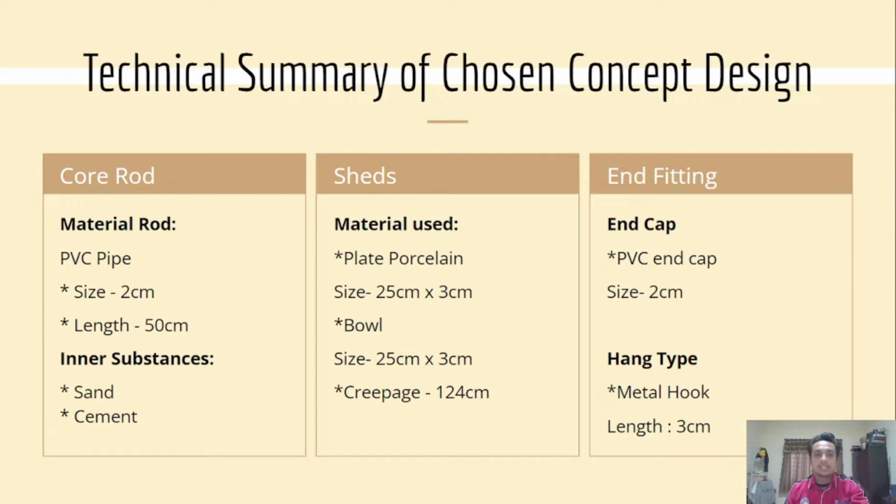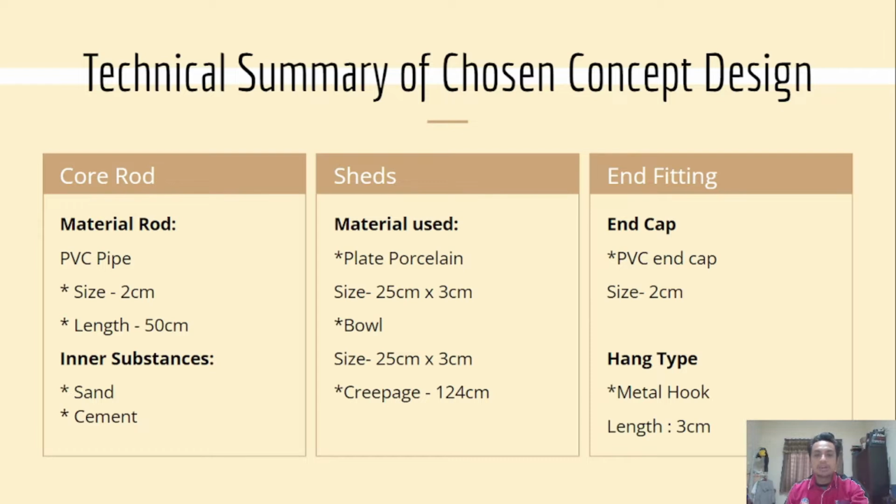The inner substance in the core rod is sand and cement, which make a cement mortar. Second, the sheet materials are a porcelain plate and a porcelain bowl. The size of the plate is 25 cm times 3 cm. The porcelain bowl is also 25 cm times 3 cm.